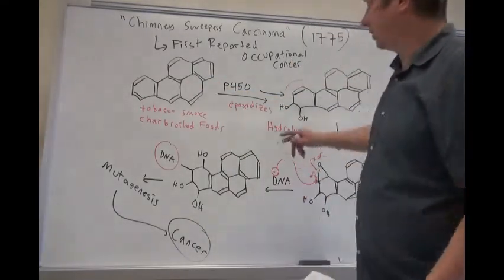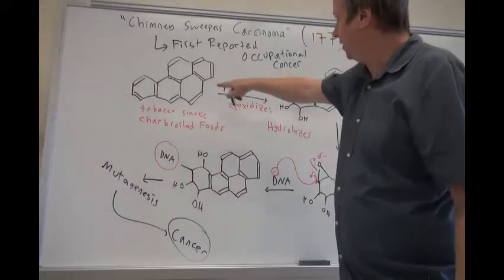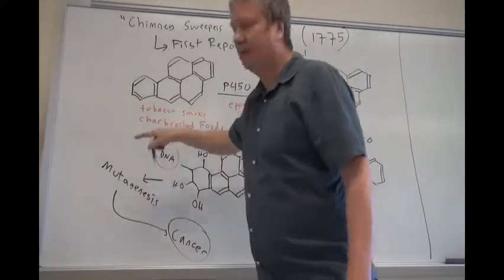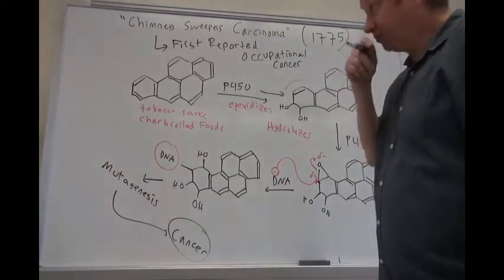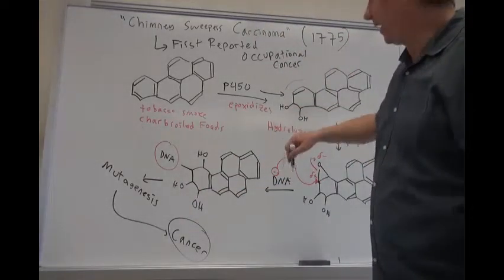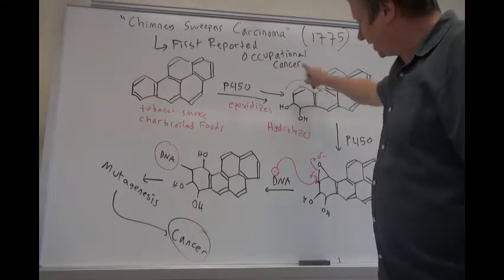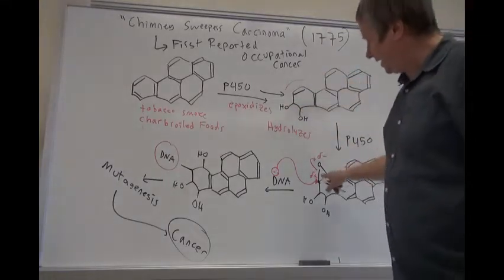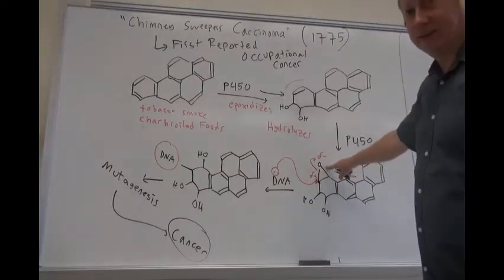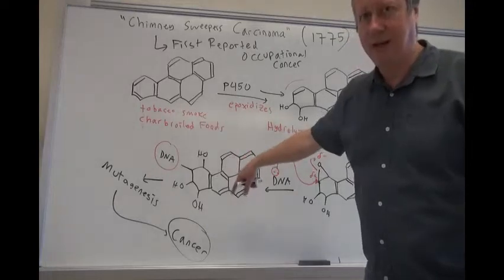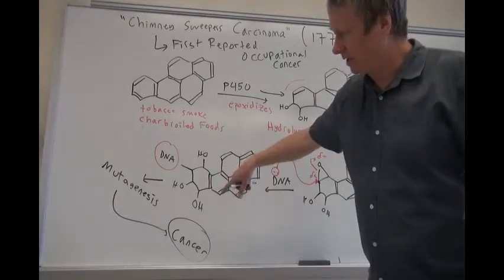Okay, so what was the overall thing? Benzopyrene was oxidized once. It made an epoxide, and then it hydrolyzed, so water got added, and that gave you the 2 alcohols. Then it epoxidized again, and now this is actually an active electrophile. DNA attacks this. Now you have this stuff attached to your DNA, and that causes mutagenesis and cancer.